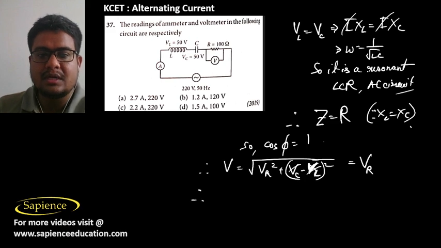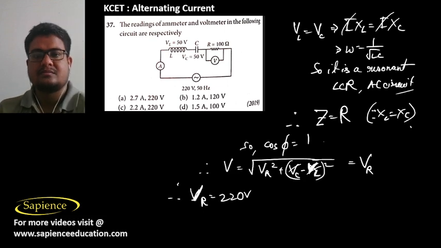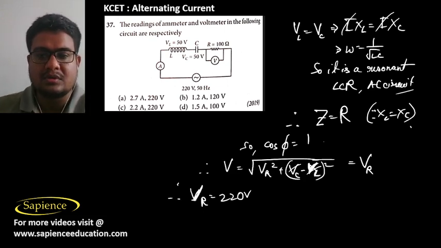Therefore, the RMS voltage across the source, that is 220 volt, is only the voltage across the resistor. Therefore, the reading of the voltmeter is 220 volt.